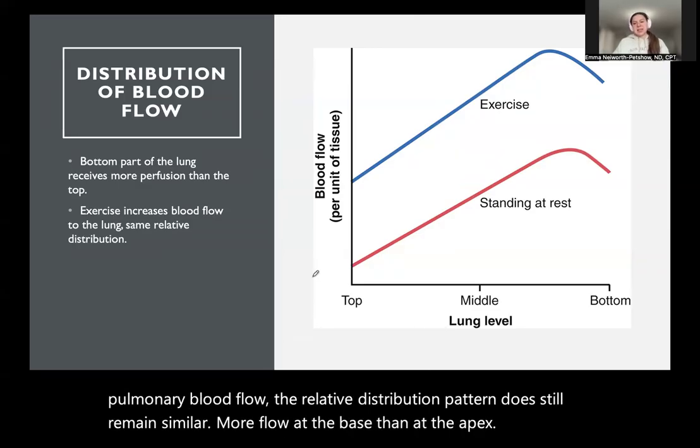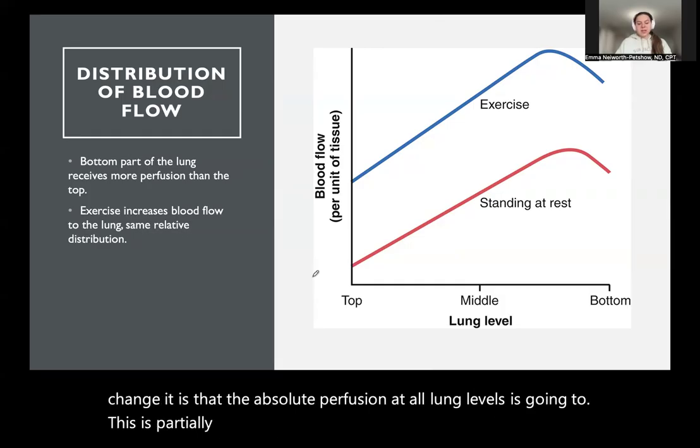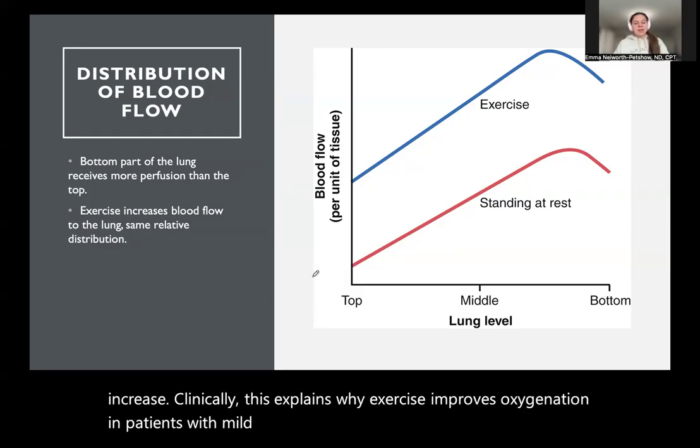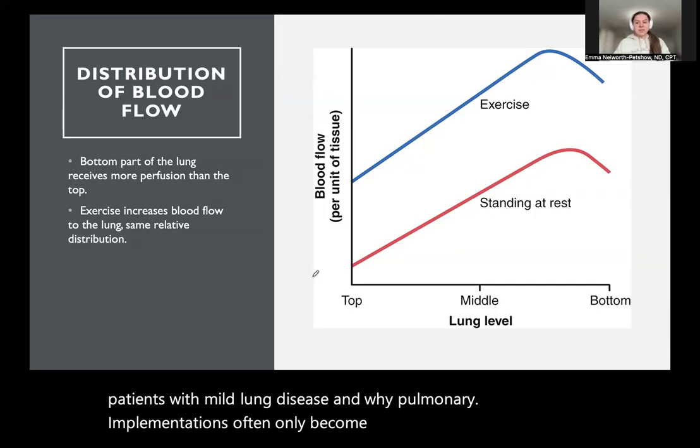What does change is that the absolute perfusion at all lung levels is going to increase, partially due to capillary recruitment and distension. Clinically, this explains why exercise improves oxygenation in patients with mild lung disease and why pulmonary limitations often only become apparent under stress conditions.